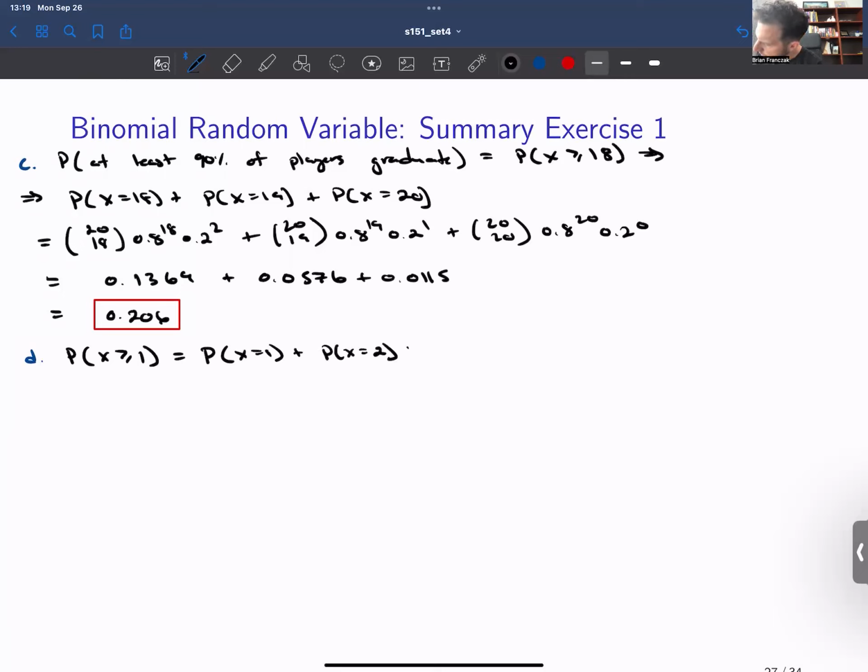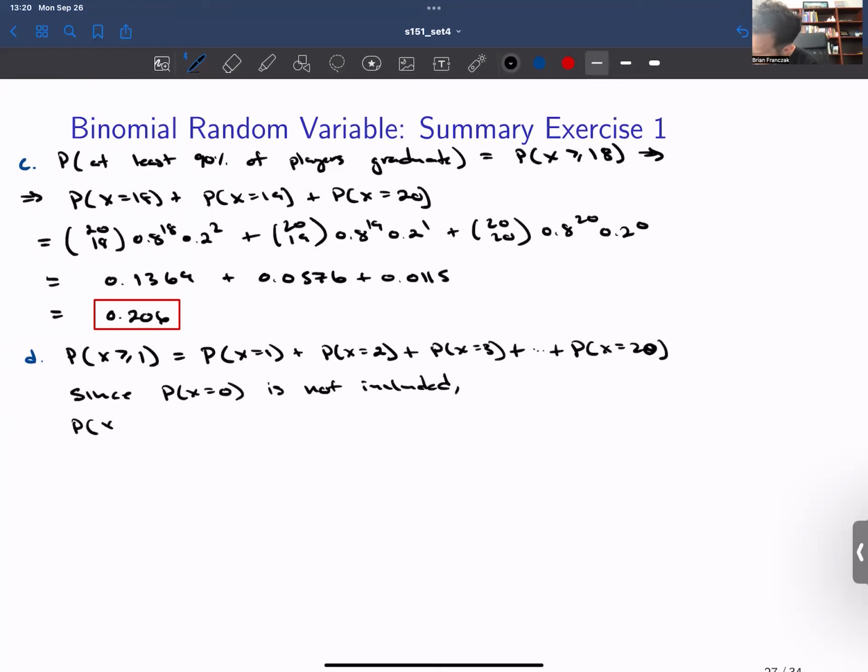Or, since P of X equals 0 is not included, the probability X is greater than or equal to 1 is equal to 1 minus the probability X equals 0.